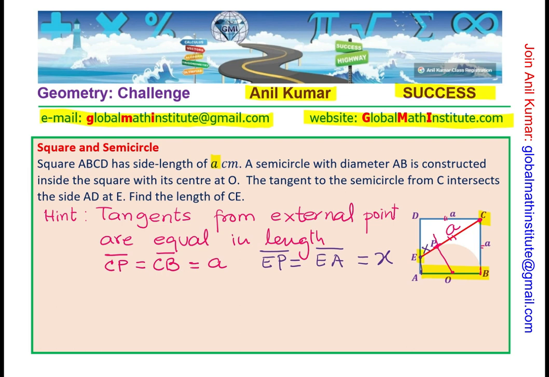And now it is very easy, right? Now what can you do? You know the length EC now, right? So EC is basically x plus a, or you can write a plus x.